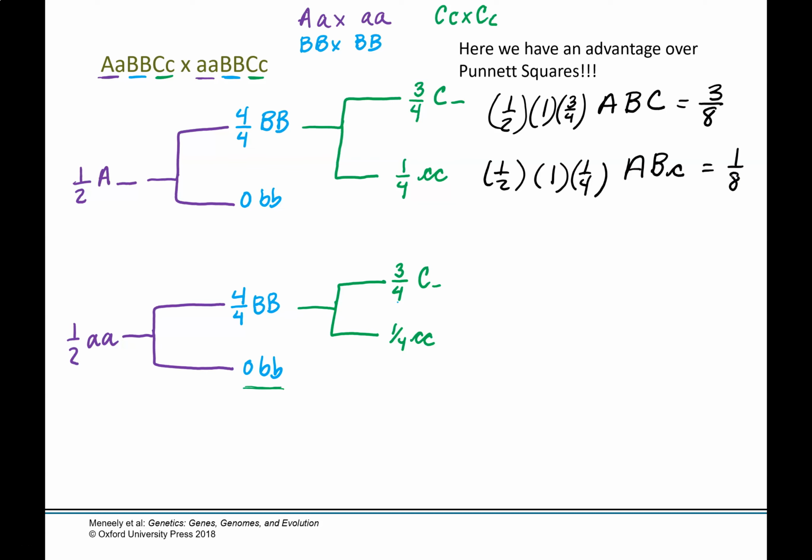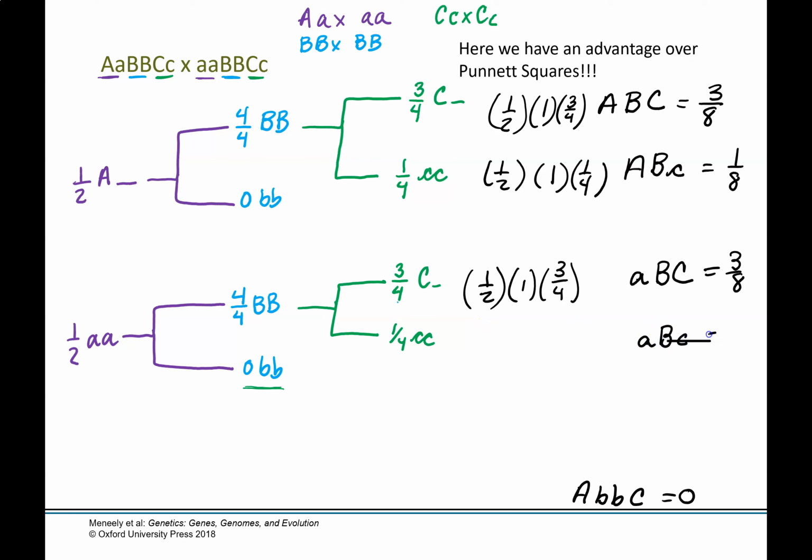Now, just a little note, the chance of being anything with little b is 0. So it doesn't matter what the other ones are, you can never get a little b genotype. The chances of being a homozygous A phenotype with a big B and a big C are going to be 1/2 times 1 times 3/4. So again, 3/8.